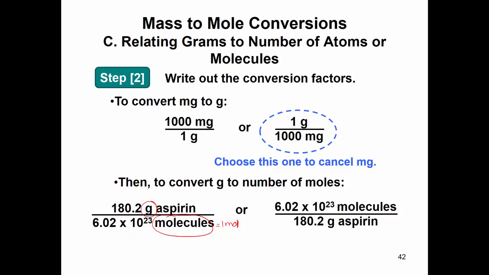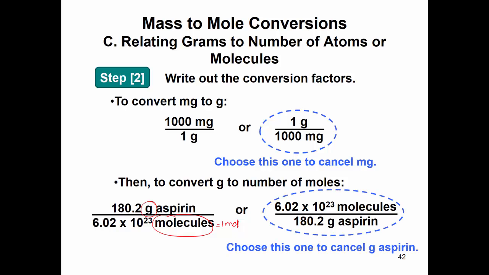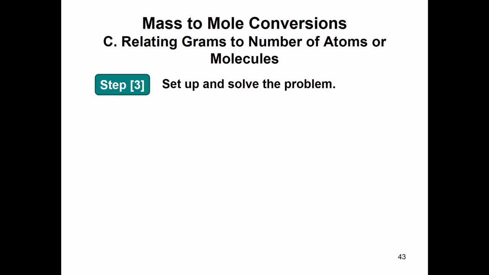So here we have another common relationship. We'll choose this one to get from 325 milligrams to grams, and then this conversion factor because we start with grams and we need those to cancel.